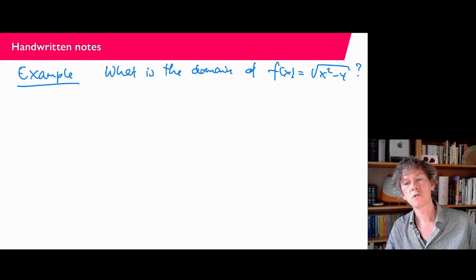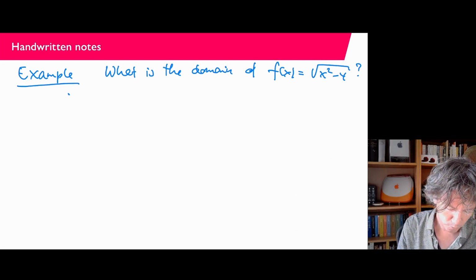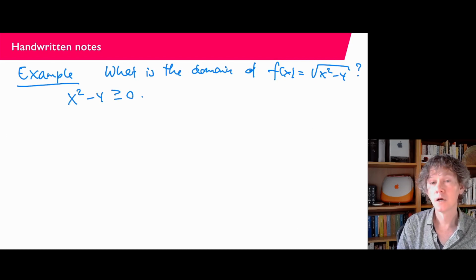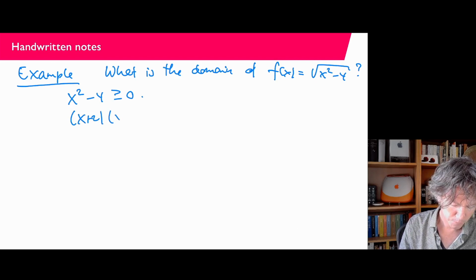As we have seen, the argument of the square root, so the x squared minus 4 bit, should be non-negative. So we have the restriction now that x squared minus 4 should be larger or equal 0. This is an inequality that we have studied before. So what do we do? Well, we write it as x plus 2 times x minus 2 bigger or equal 0, and we make a sign chart.